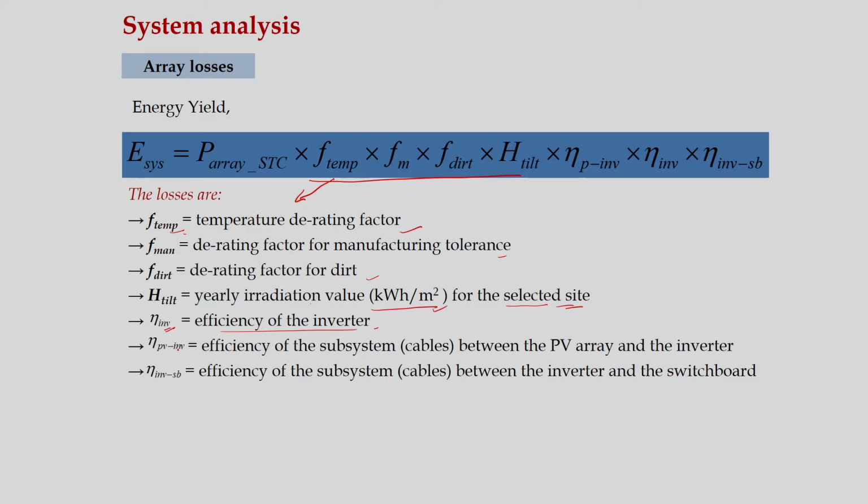Then eta PV inverter is the efficiency of the subsystem between the PV array and the inverter, and eta inverter SB is the efficiency of the subsystem between the inverter and the switchboard. Okay? So, we will analyze one by one and then finally, we will estimate all those derived parameters.